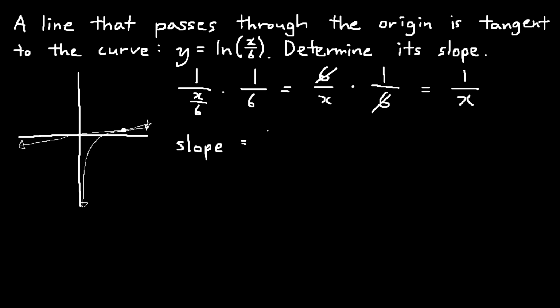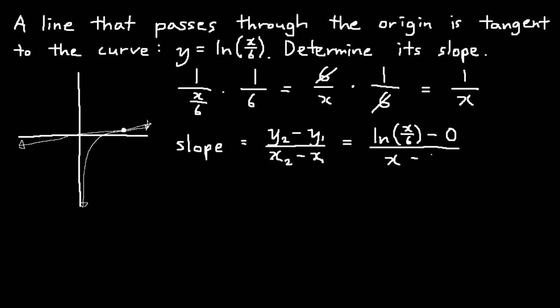Slope equals y2 minus y1 over x2 minus x1. And that is ln x over 6 minus 0 over x minus 0. Now set that equal to the derivative.